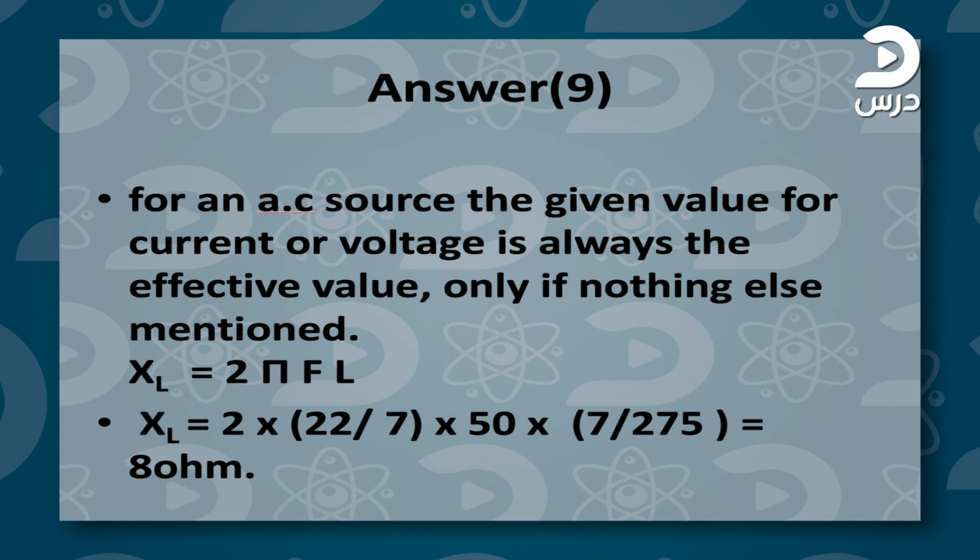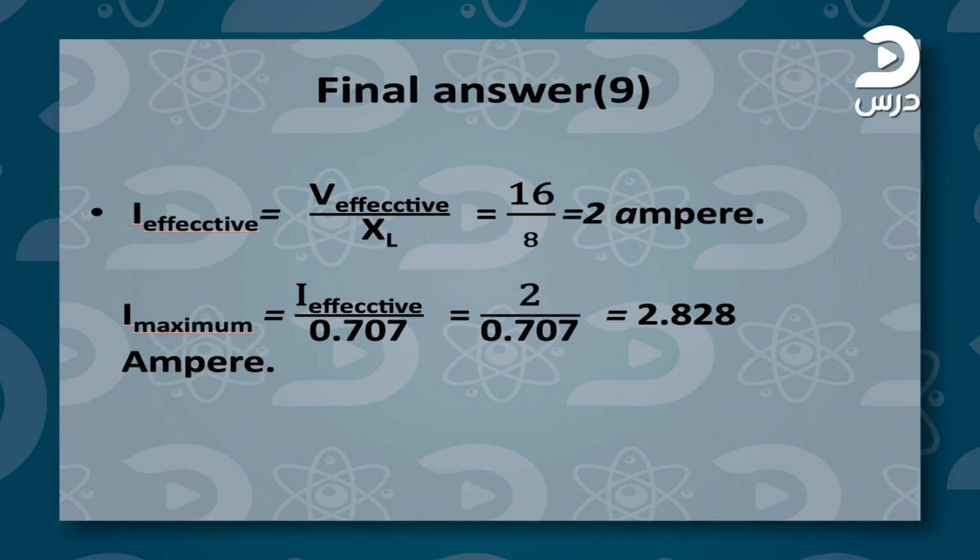I want the I effective, V effective divided by XL, 16 divided by 8 equals 2 ampere. So I effective equals 0.707 I maximum, so I maximum equals I effective divided by 0.707, 2 divided by 0.707 equals 2.828 ampere.